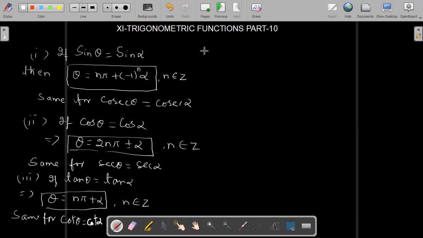One more formula to remember: if you have squares on both sides. As I told you, if the right-hand side was 0, you can put the square and get 0 again.